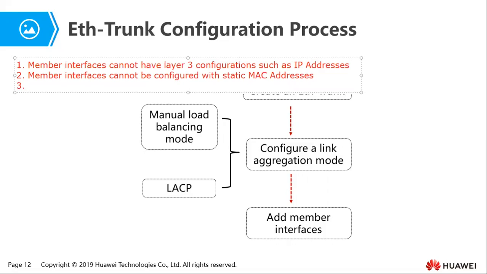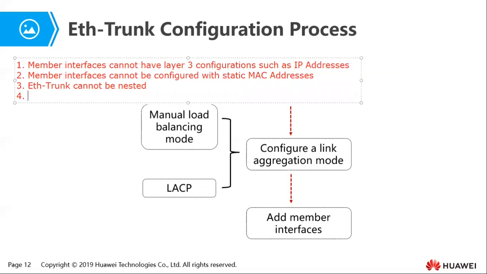So that's the other rule. Another one is that an Ethernet trunk cannot be nested. Nested is putting something inside another thing. So you cannot add an Ethernet trunk into another trunk. So Ethernet trunks cannot be nested.